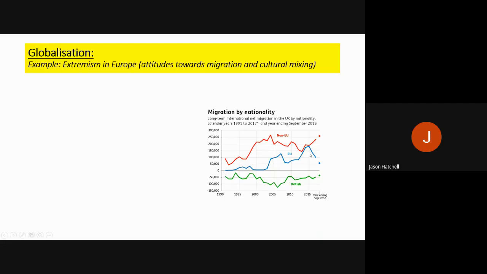You can see that obviously when we look at the EU versus the non-EU migration into the UK, non-EU migration has nearly always been higher throughout history because there are simply more people to migrate to the UK. But for the 28 nations of the EU, the European Union, migration is quite high in comparison when you consider 28 nations versus the other 170 of the world. However, this is slightly changing in recent history as well.